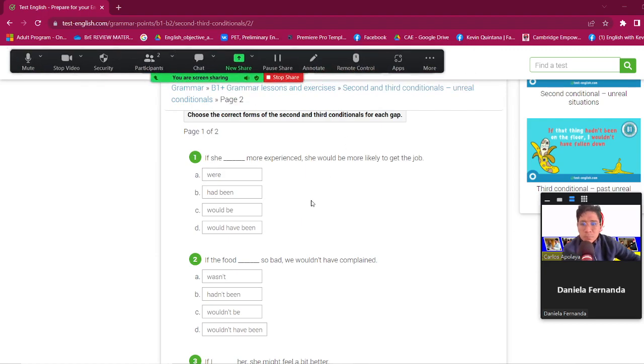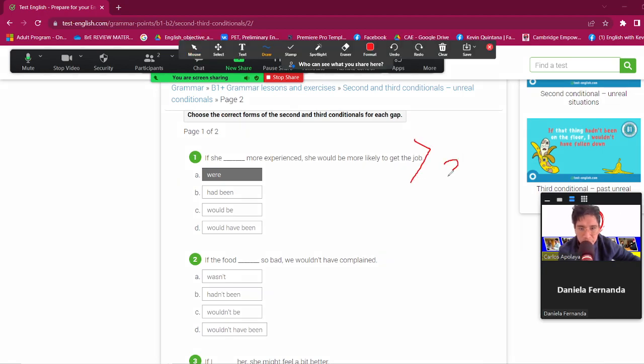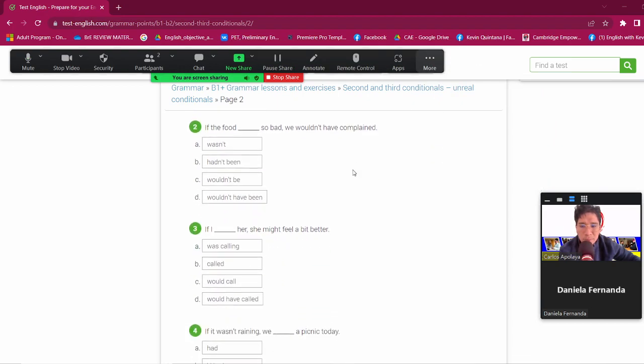If she were, she would be. ¿Qué condicional es? Esta es la segunda, ¿cierto? Acá te fijas, este es segunda. Acá tiene que ir en pasado. Aquí were en pasado. Ya listo, ahí está. Pretty good. Number two.